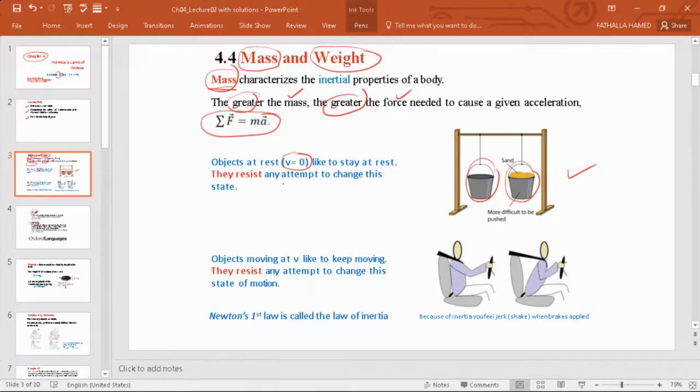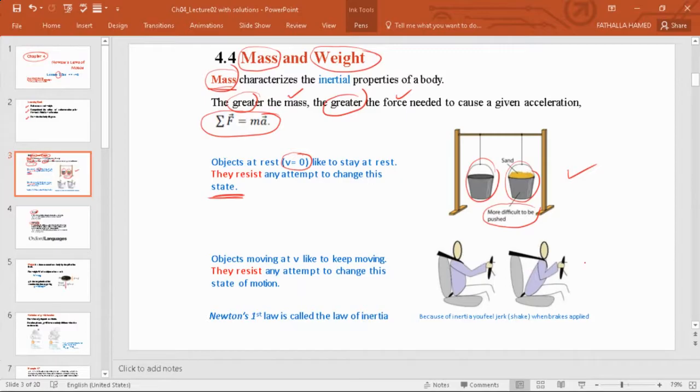They resist any attempt to change their state. And by the way, if you want to make any change, you will find that you will have to exert more force to move this because it has more mass.